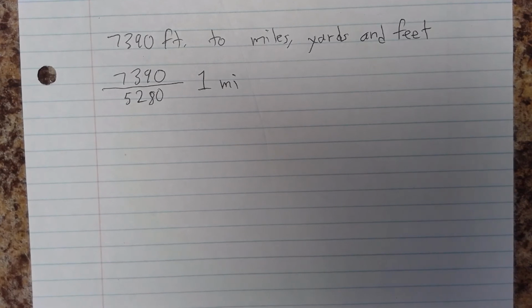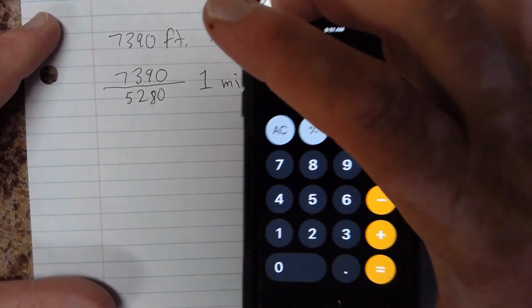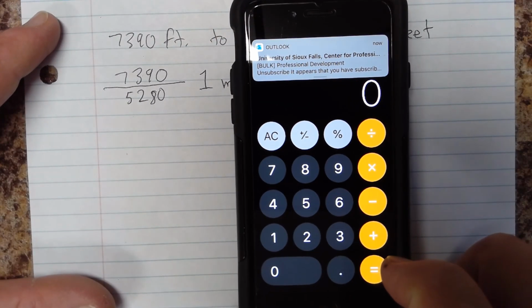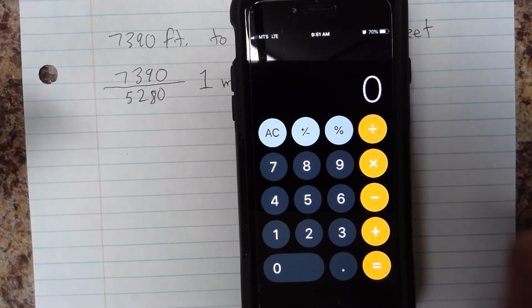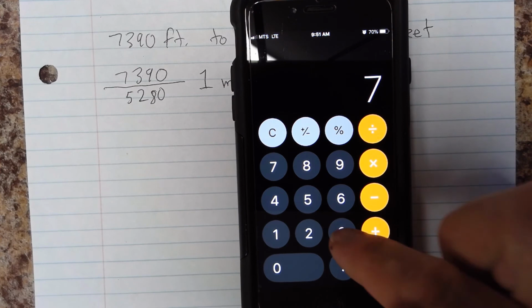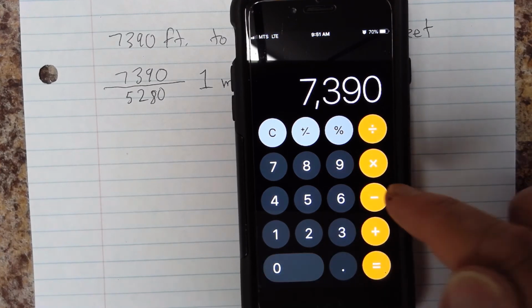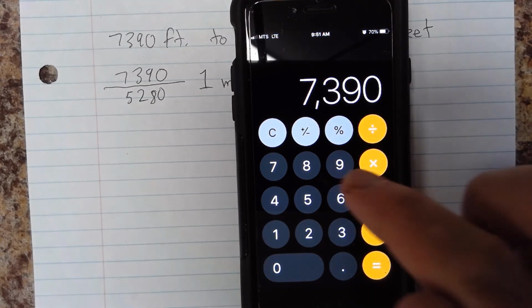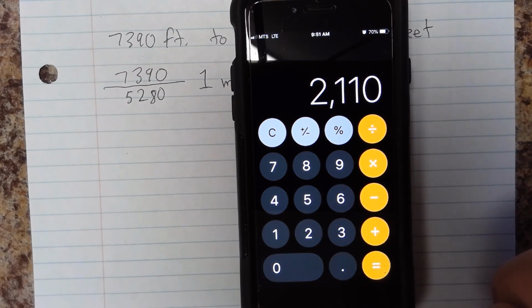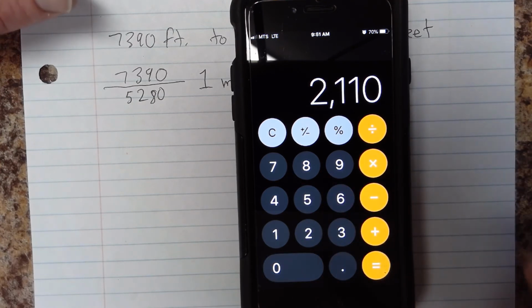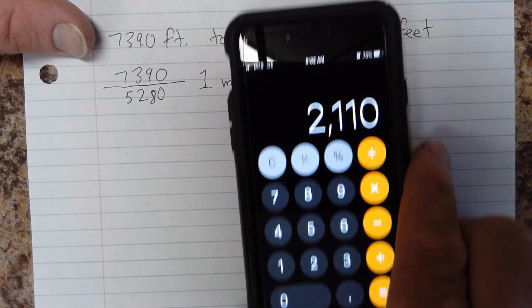So all you have to do is 7,390 take away 5,280. 2,110.